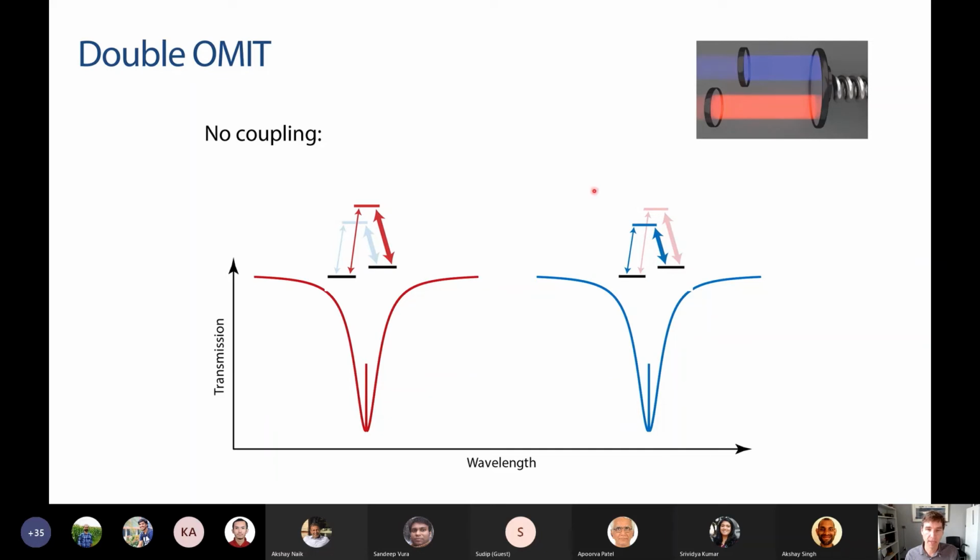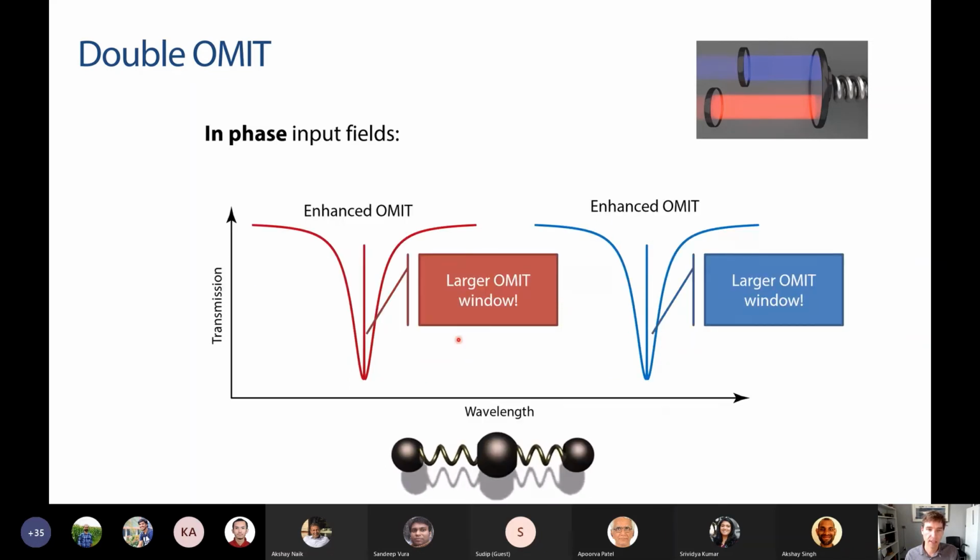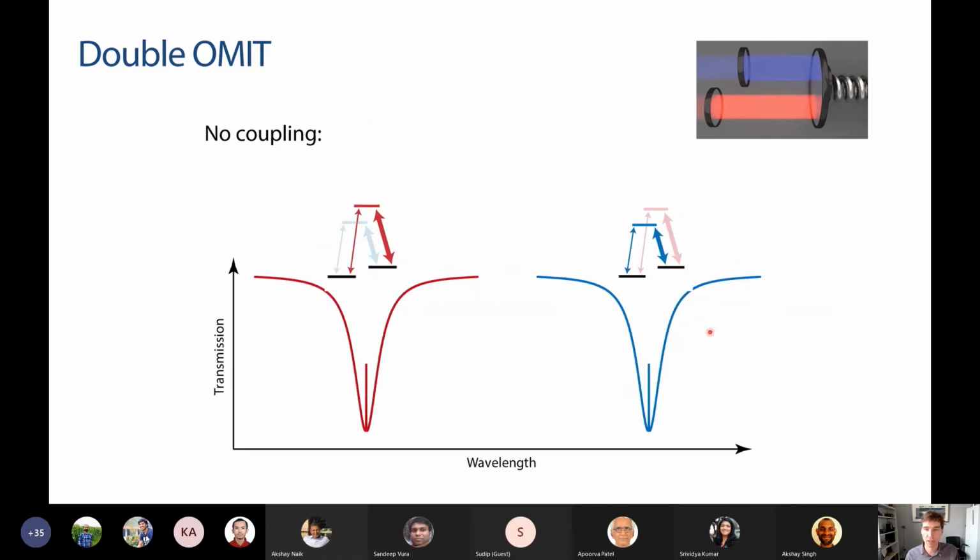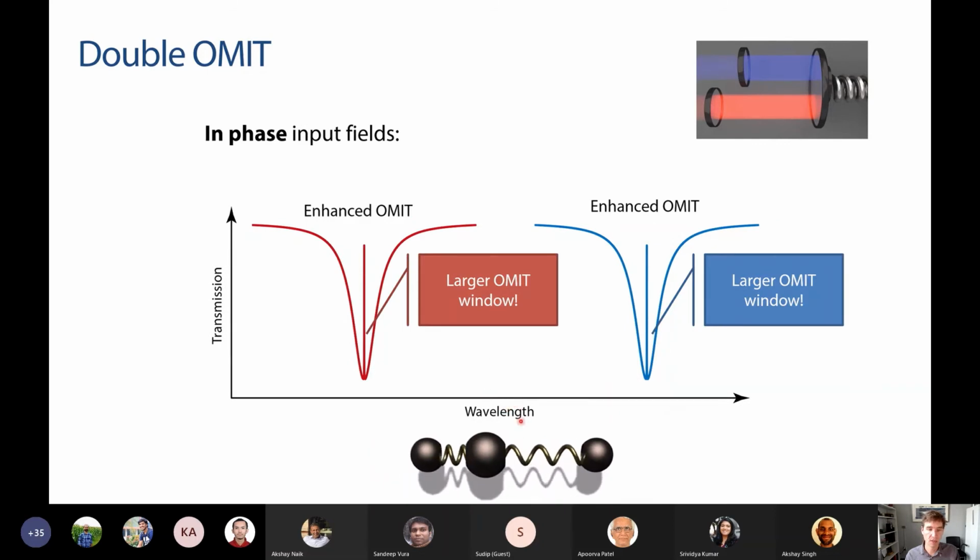But if they're coupled to the same mechanical resonator, then what happens is that if they're coupling in phase, with the same phase relative to each other, the depth of this dip gets larger for both of them. And this is because you can imagine, if you have these three mechanical resonators, if they're moving in phase with each other, then the center mechanical resonator will move a larger amount than if there was just one resonator moving.